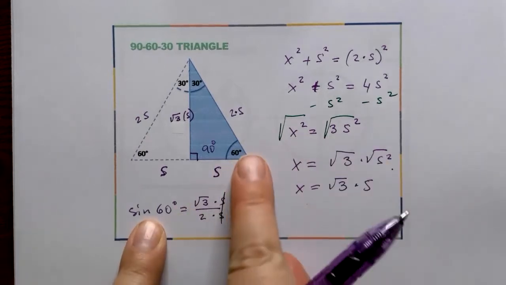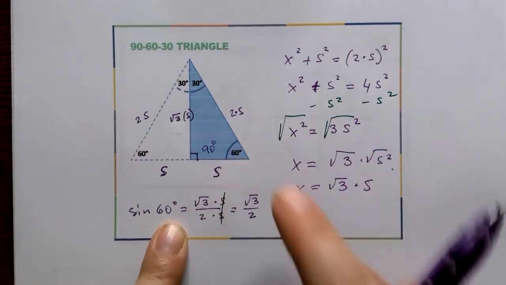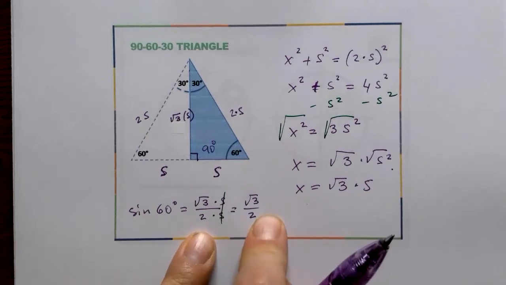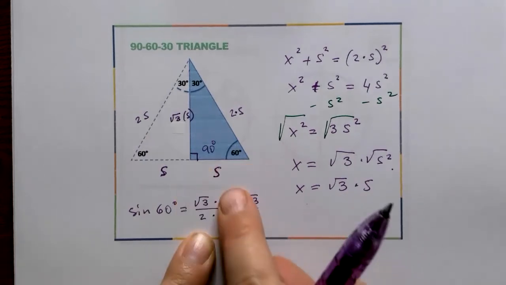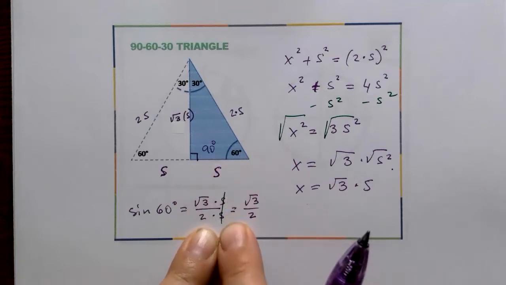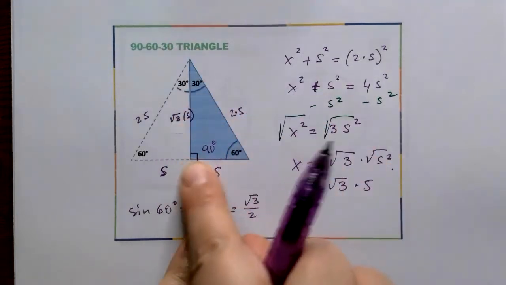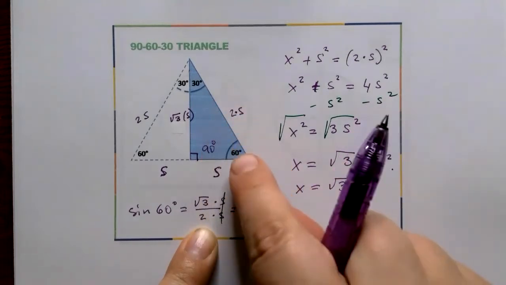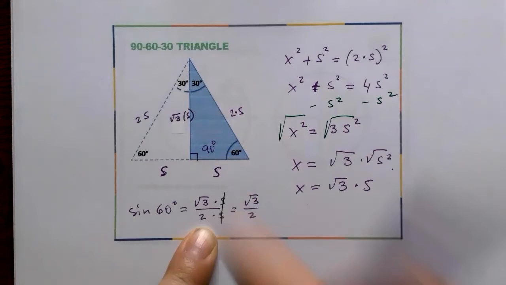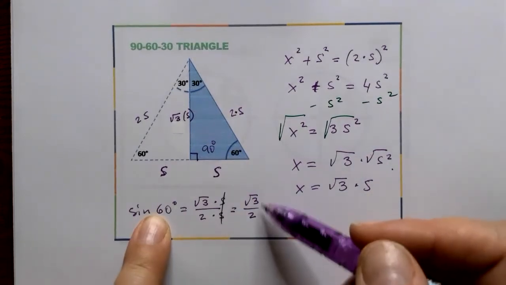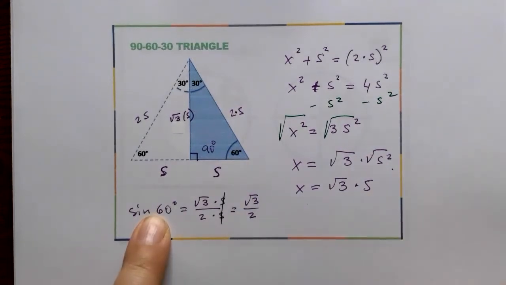So the sine of 60 degrees is always going to be square root of 3 over 2. And since the side length cancels out, it doesn't matter the size of the triangle, as long as it's a 60, 30, 90 triangle. The sine of a 60-degree angle is always going to be square root of 3 over 2.